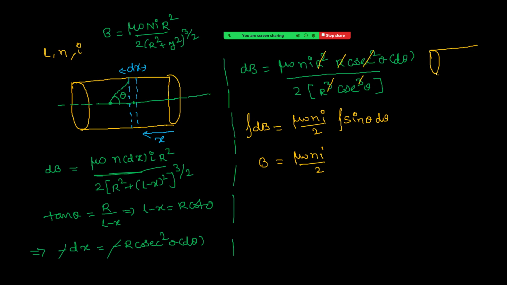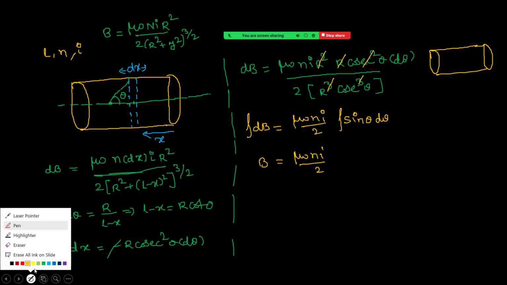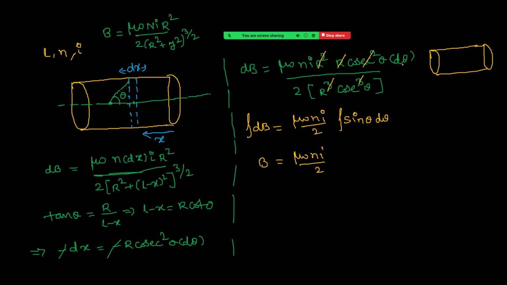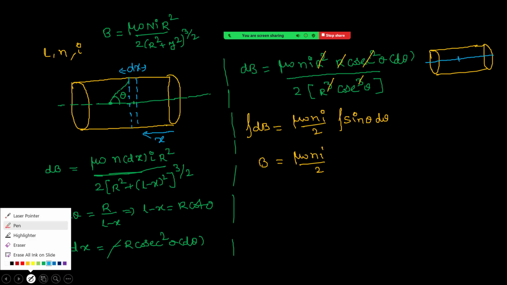This is now the solenoid. So when we join the midpoint of the solenoid to the right end, suppose that makes an angle theta 1.